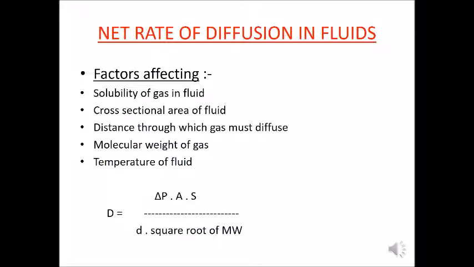D means diffusion is equal to delta P means pressure difference, A means cross sectional area, S means solubility of the gas, divided by d means distance and square root of molecular weight. So diffusion is directly proportional to pressure gradient, cross sectional area and solubility, and inversely proportional to distance and molecular weight.